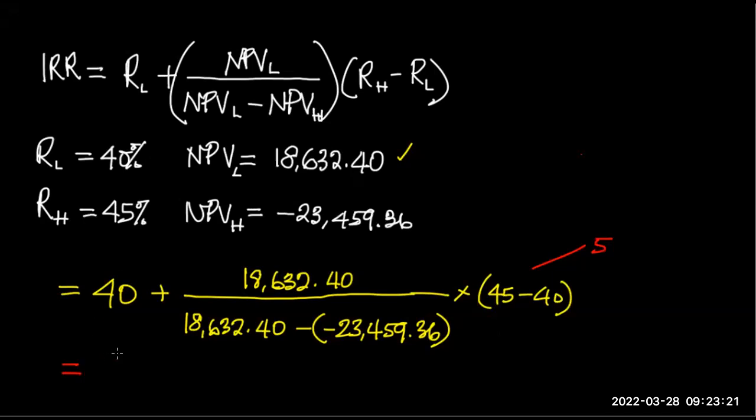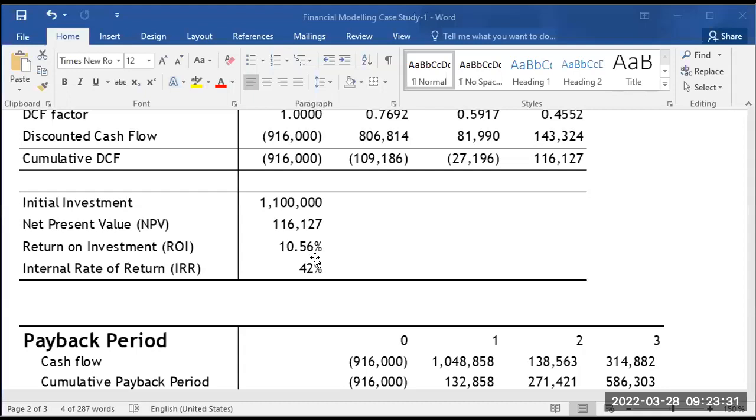So this is 42.2%. Let's compare. Okay, approximately 42%. What that means is that if you attempt to solve a new net present value using this 42.2%, your final answer will be approximately 0.